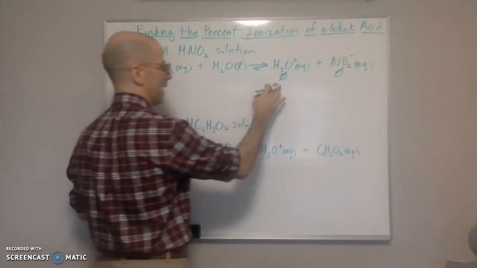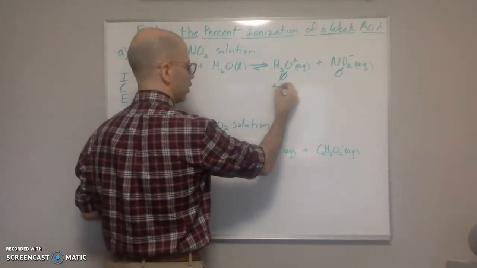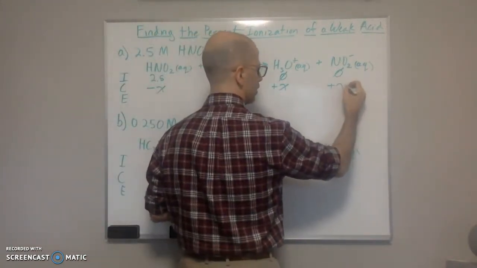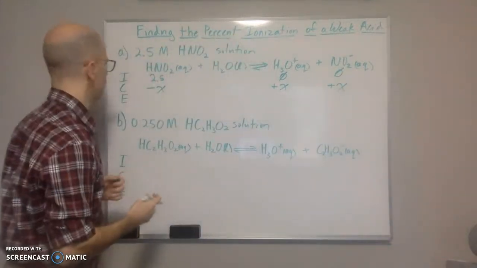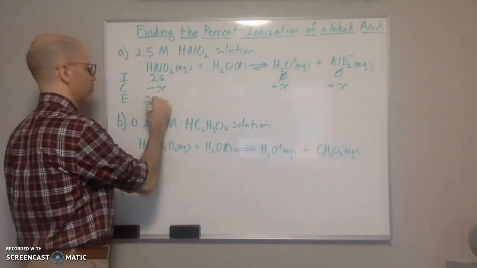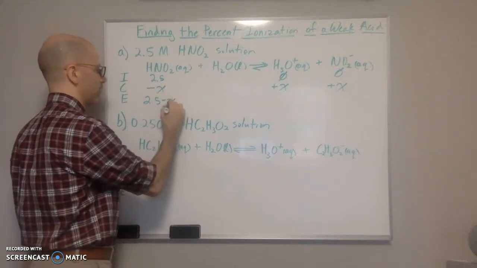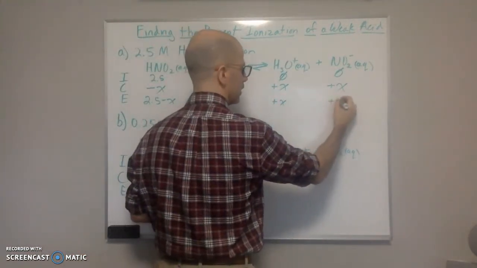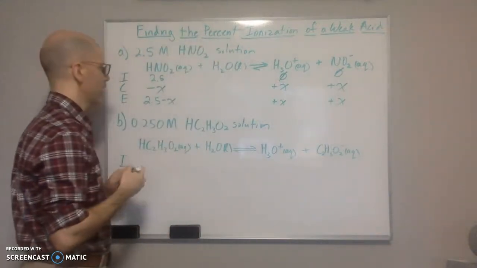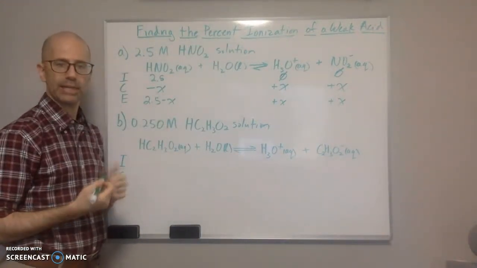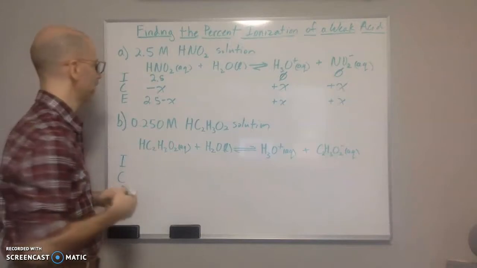That means we're going to gain X amount here because it's a 1-to-1 ratio, as well as here. Okay, and then all we do is we add these together, and so this becomes 2.5 minus X, and this is still plus X and plus X. And so now all we have to do is plug this into our expression for Ka.